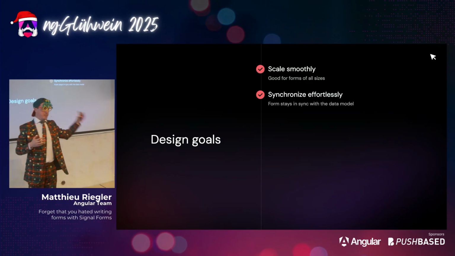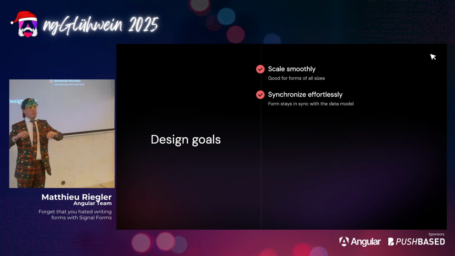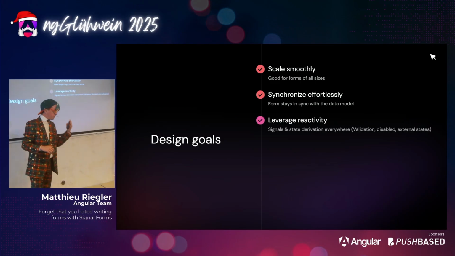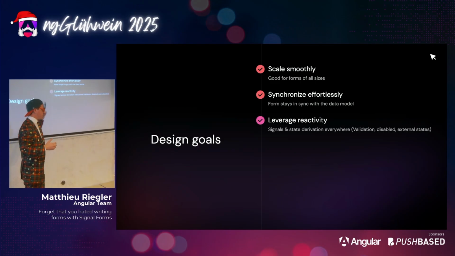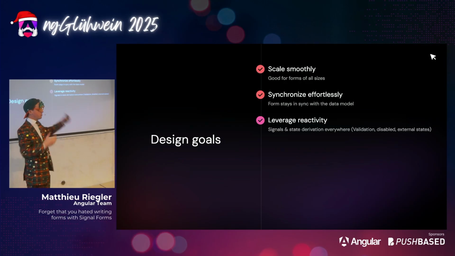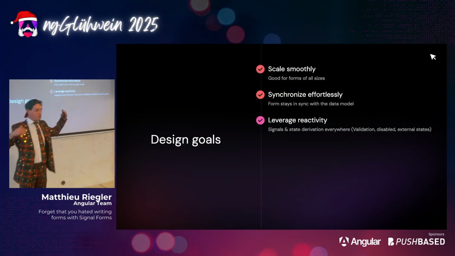We wanted it to synchronize effortlessly, the fact that the form will sync automatically. You don't have to call anything, and it will sync with the underlying data model. And of course, we wanted it to leverage the reactivity system, using signals, being able to derive data and do some computation, etc. And of course, using some external state that is not part of the signals of the form itself.